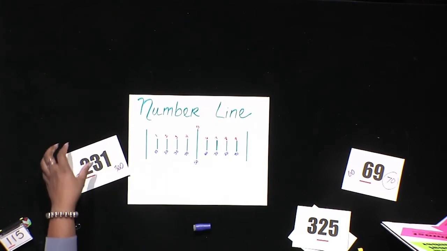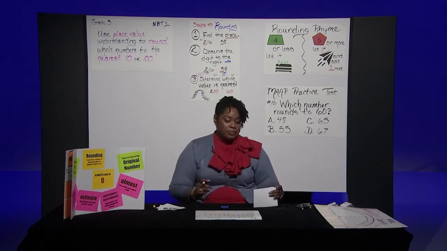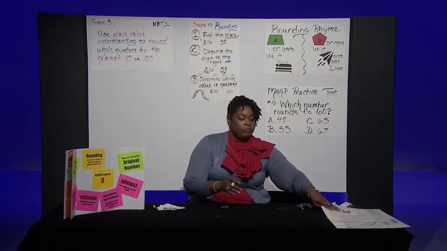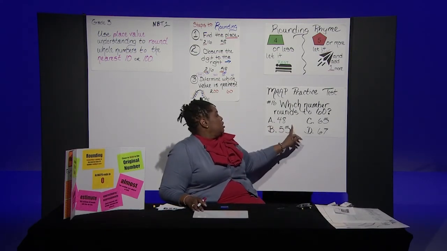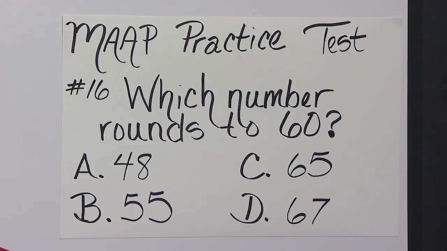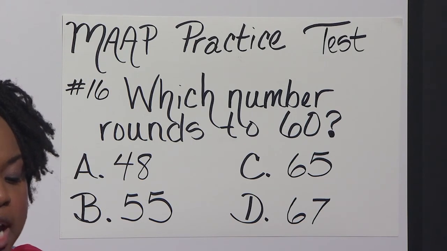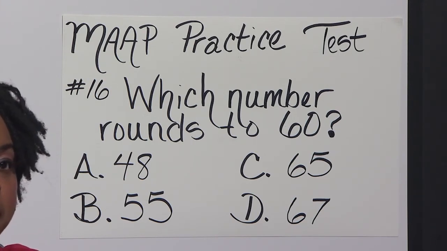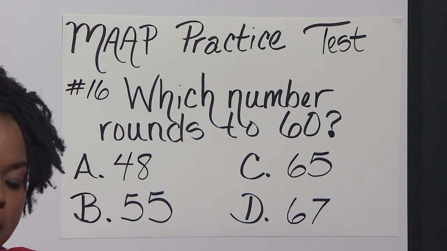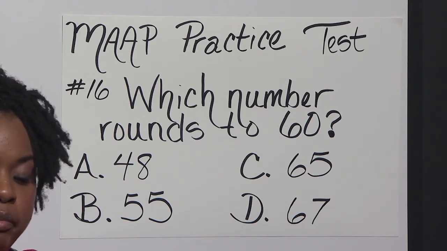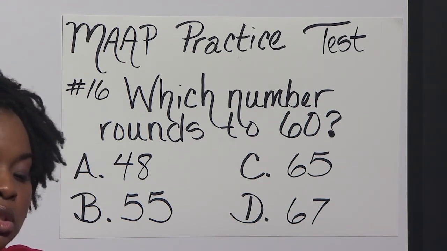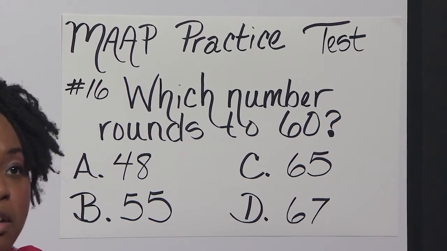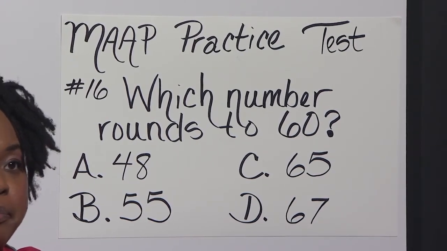We're doing so great, I think it's time that we look at an assessment item. Here we have, which number rounds to 60? We have 48, 55, 65, and 67. 48, my range is going to be 40 and 50.